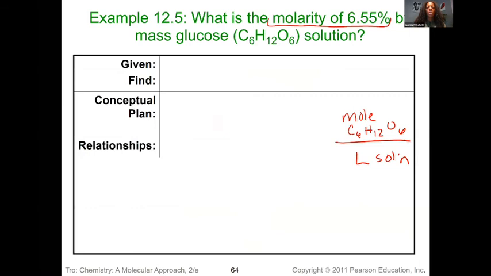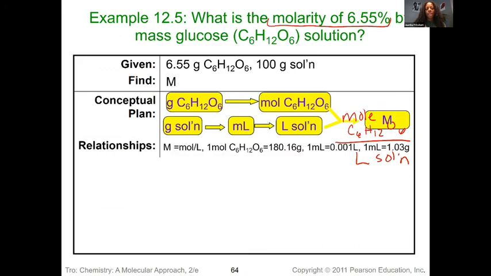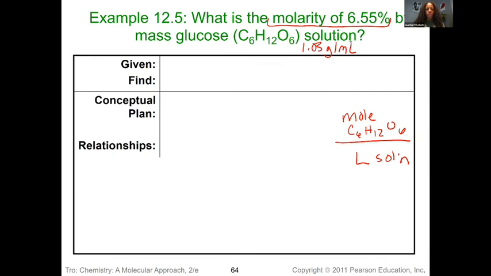That's our goal. There should also be a bit of information provided for us about the density. Yes, and the density for us is going to be 1.03 grams per milliliter, excuse me, so that we can use it.